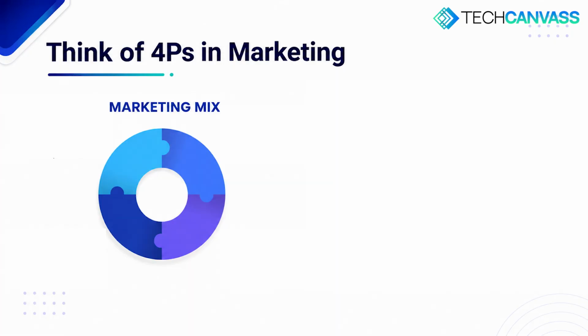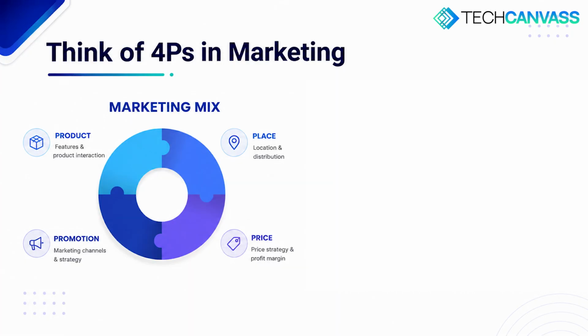The 4Ps stand for product, price, place, and promotion. So when product professionals are talking about any product or strategies to bring it to the market, what kind of questions are they looking at, and how does this framework help them in devising that? So let's look at these 4 terms.